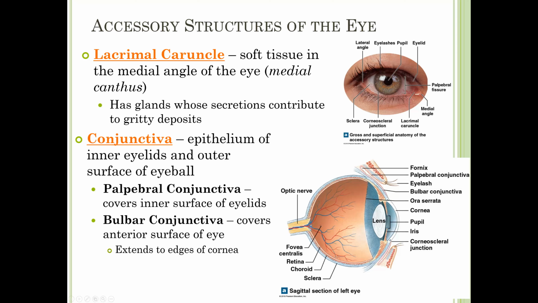And then you also have a bulbar conjunctiva, which covers the anterior surface of the eyeball itself, although it only extends up to the edge of the structure called the cornea, which we're going to talk about a little bit later. And then there is a very, very fine epithelium that does continue on top of the cornea, but it is very thin so as not to interfere with light passing into the eye.